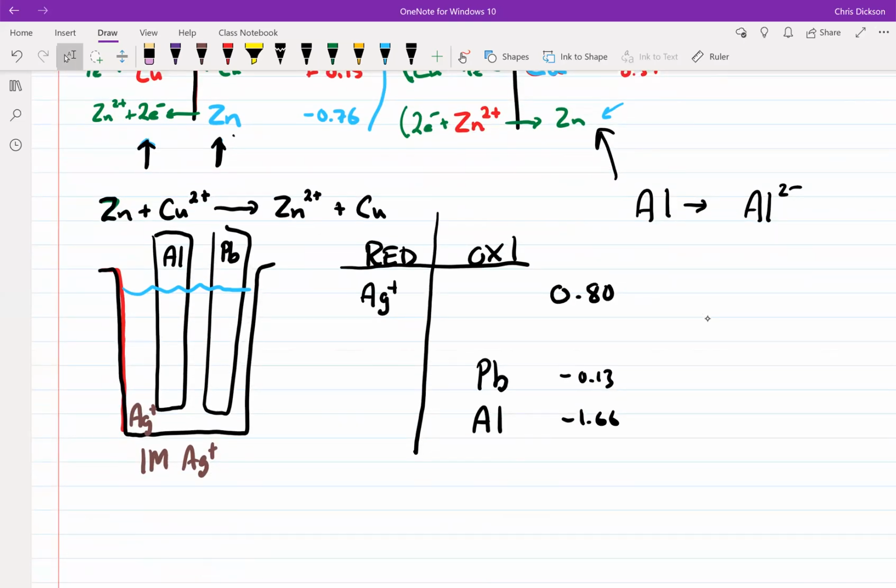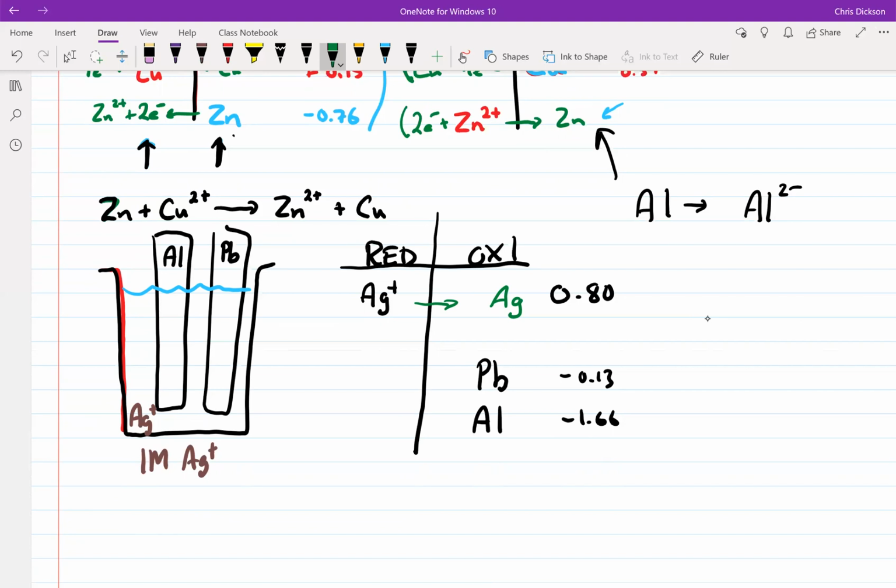So here's our little shortcut: the chemicals that get reduced, let's do reduce first, they have to produce reducing agents, or chemicals that can be oxidized, that have to be weaker than the reducing agents we're trying to oxidize. That's a mouthful of words, I know, but if you rewind the video a couple times, I think I said it correctly.